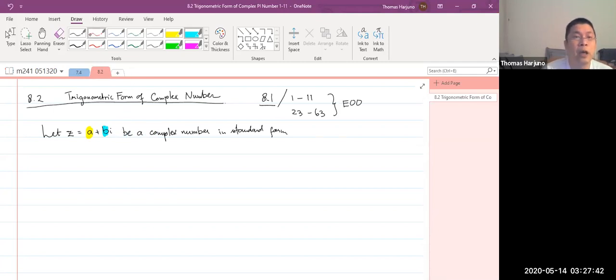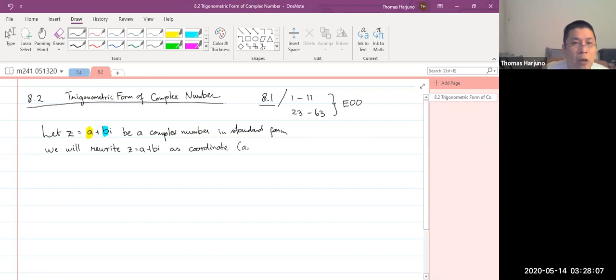Now we will rewrite z, which is a + bi, as the coordinate (a, b) on the complex plane.